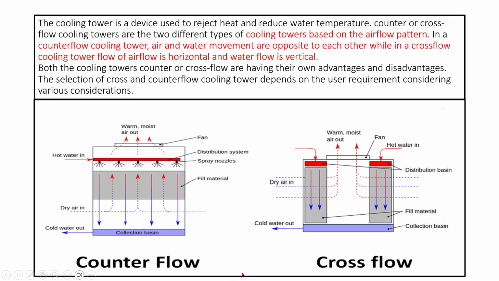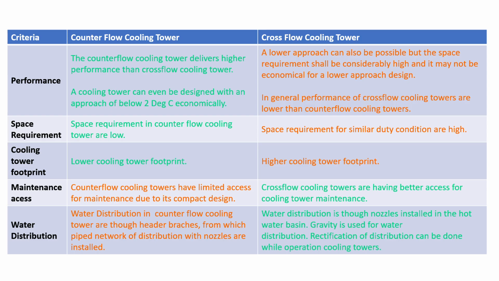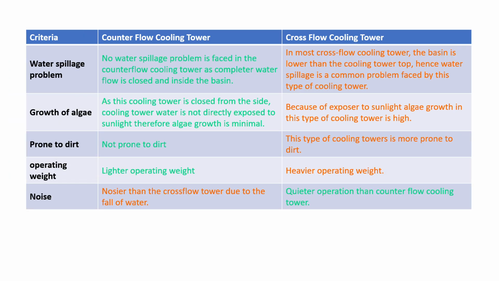So algae formation is there. If water is in contact with the air for a long time, algae formation is possible. Inside the tubes, inside the pipes, there is no question of any algae formation. Algae formation means it can choke the nozzles, etc. But here, as it does not come in contact with the sun, there is no question of any choking.